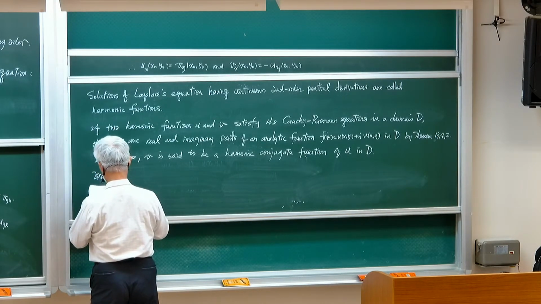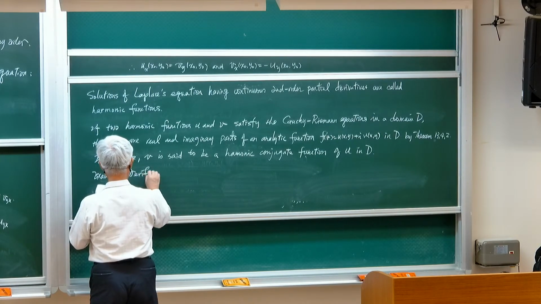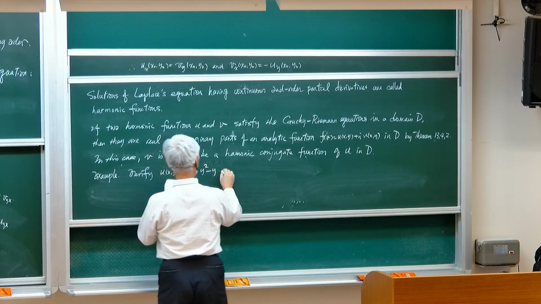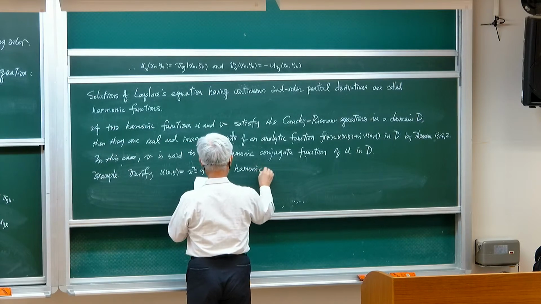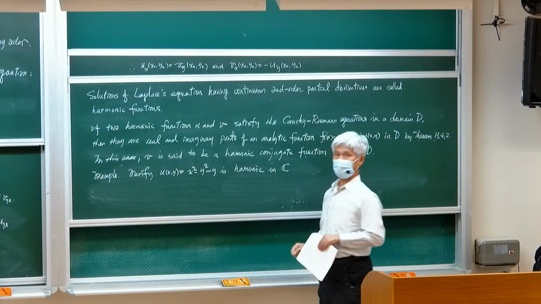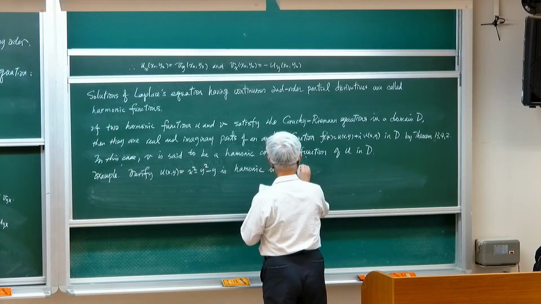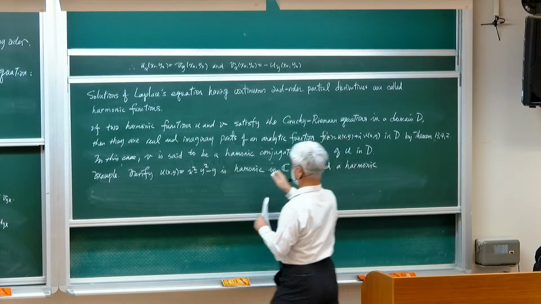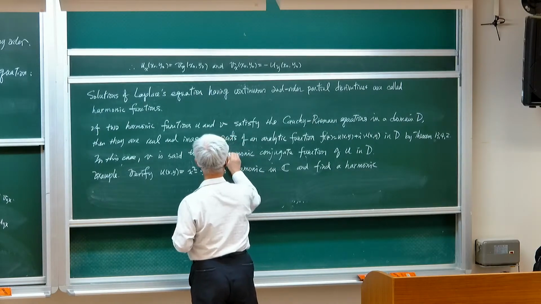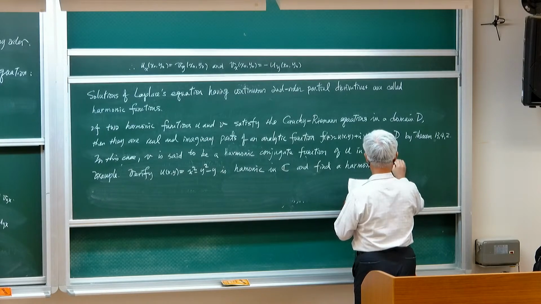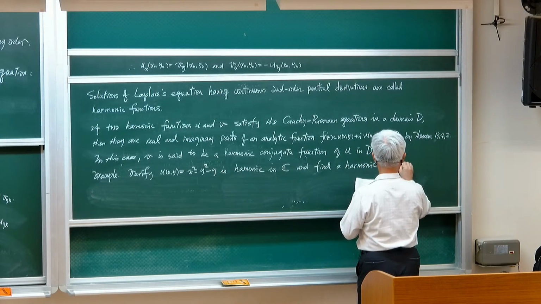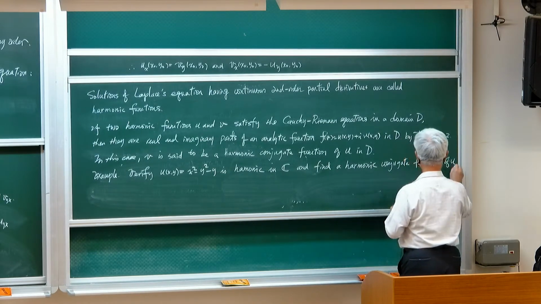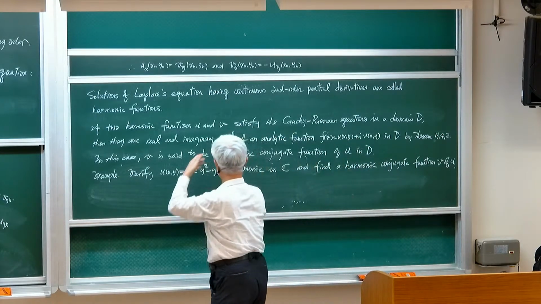Verify that u(x,y) = x squared minus y squared minus y is harmonic in C, the whole complex plane, and find a harmonic conjugate function v of u. We first verify that it's harmonic.